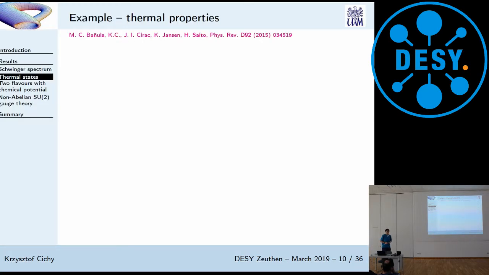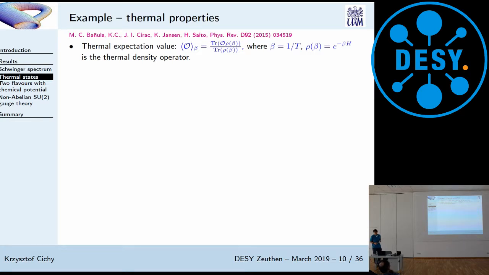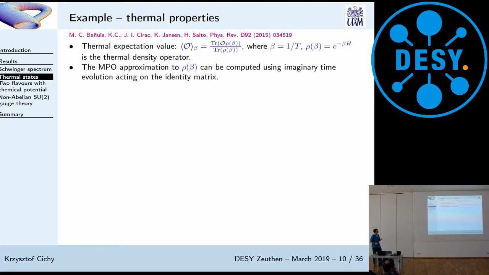Okay, now a few words about thermal properties, our next thread of research. To compute thermal properties, you have to calculate the thermal density operator, rho, which is the exponential of minus beta times the Hamiltonian, where beta is the inverse temperature.